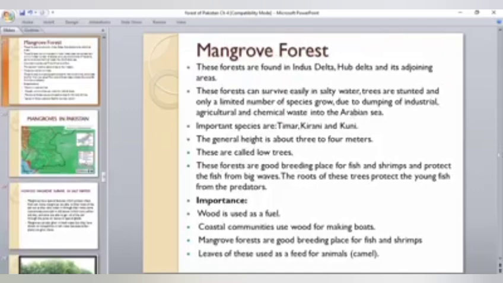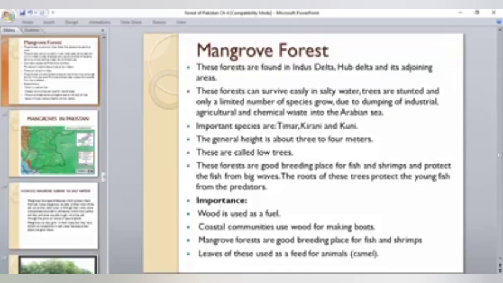Then another forest, the mangrove forest. These forests are found in the Indus Delta, Hub Delta, and its adjoining areas. These forests can survive easily in salty water. Trees are stunted and only a limited number of species grow due to dumping of industrial, agricultural, and chemical waste into the Arabian Sea.